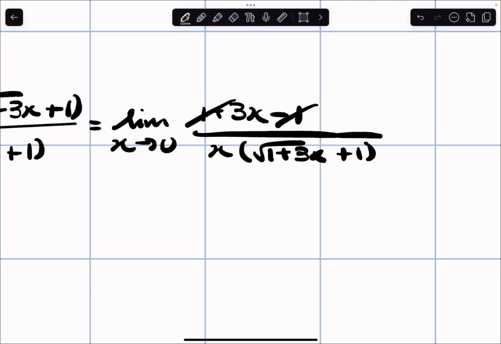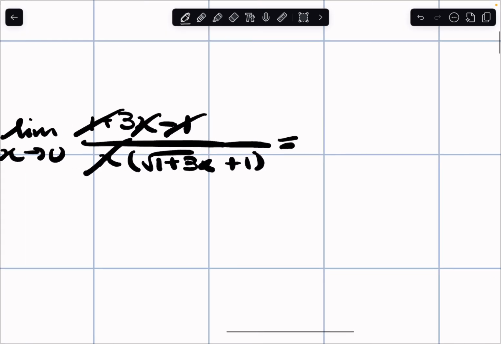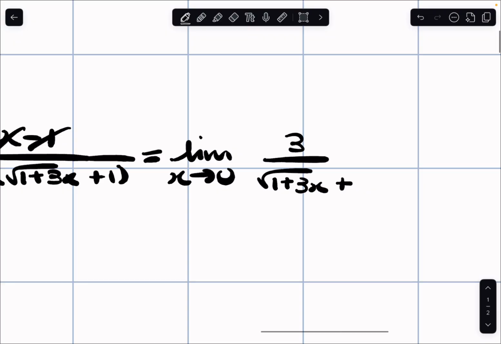So that will go bye-bye because 1 minus 1 is 0. And now we have 3x over x times the square root of 1 plus 3x plus 1. The x's will cancel out. And now we are left with the limit as x approaches 0 of 3 over the square root of 1 plus 3x plus 1.